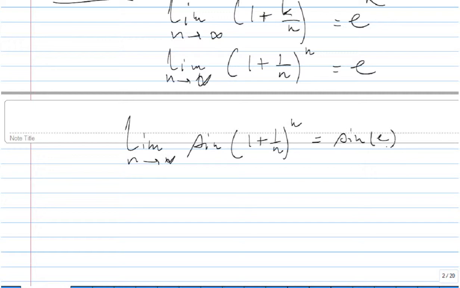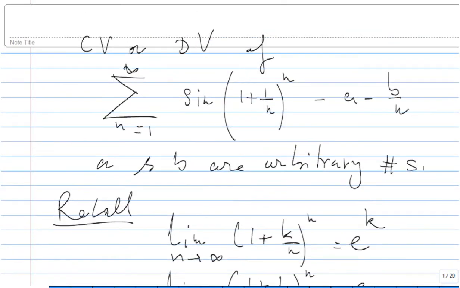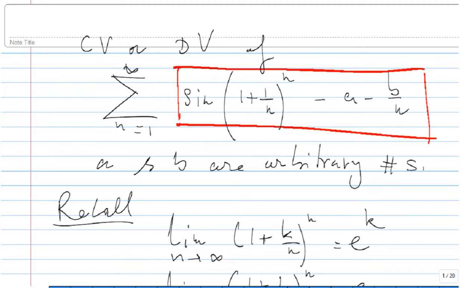So if a is different from sine of e, then the limit of this whole expression will not be equal to 0, because the first term will go to sine of e, and b over n goes to 0, so it's going to be sine of e minus a, which is not equal to 0.